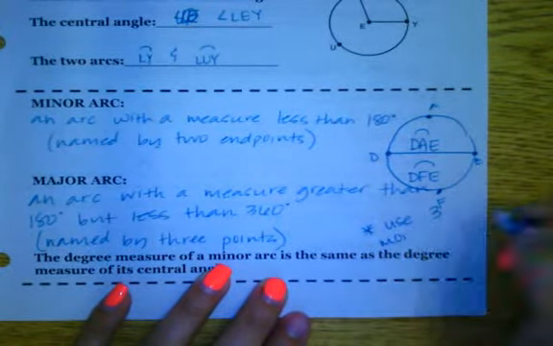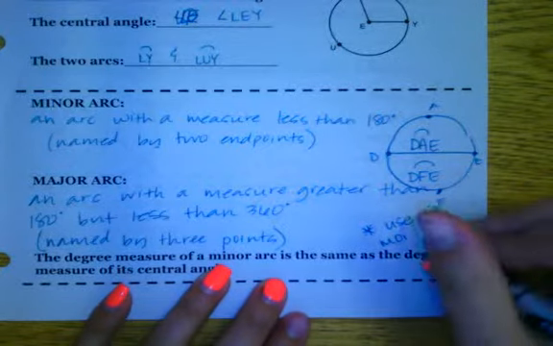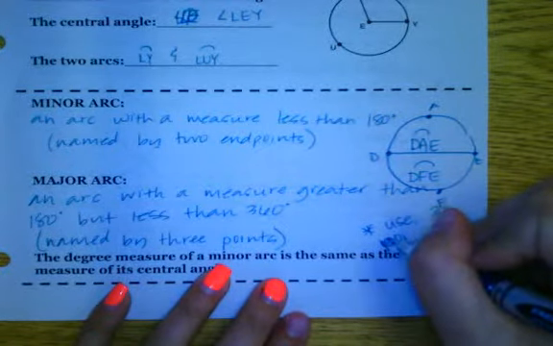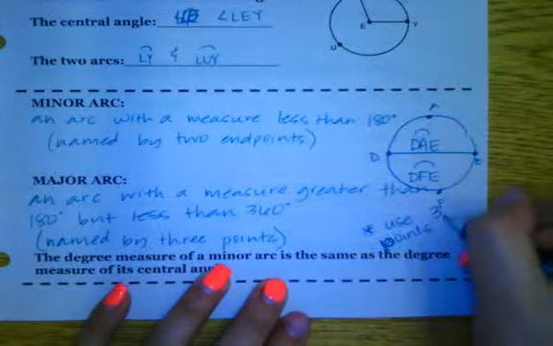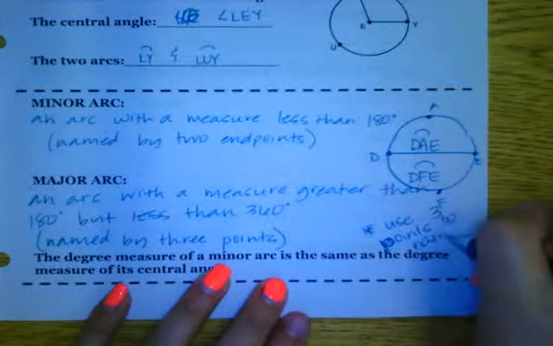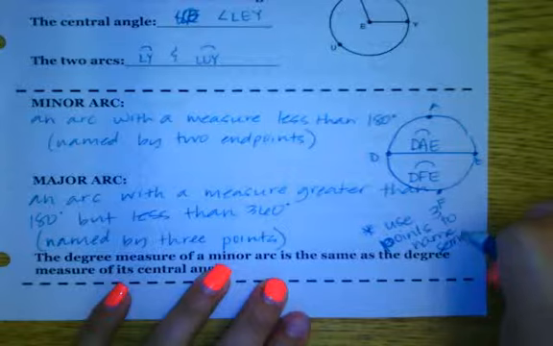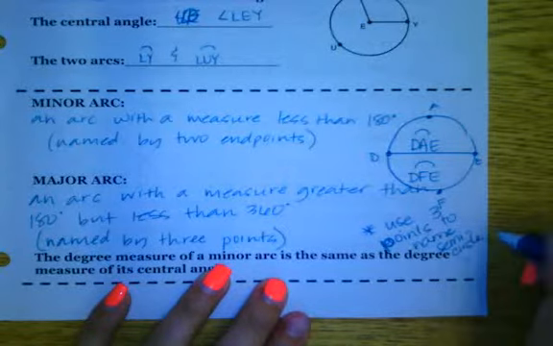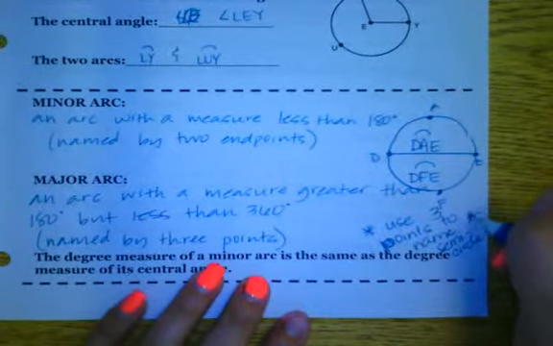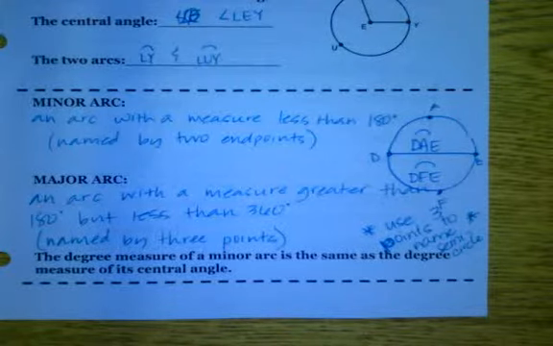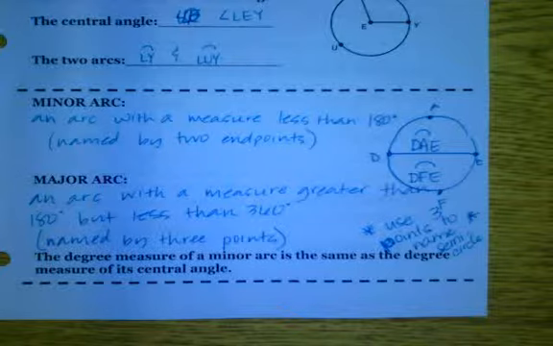So instead of just saying diameter DE, we're going to say arc, and name it like a major arc with 3 points.